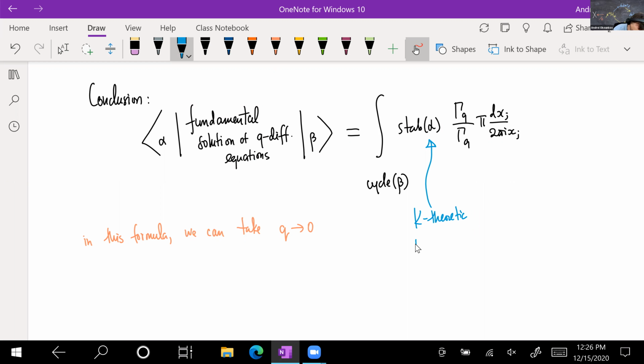Let me remind you that this is K-theoretic. In particular, there's no q. Whereas, of course, this thing will blow up as, sorry, not q to 0, q to 1. This will blow up as some function, maybe I'll call it W of x and other stuff, divided by log q.